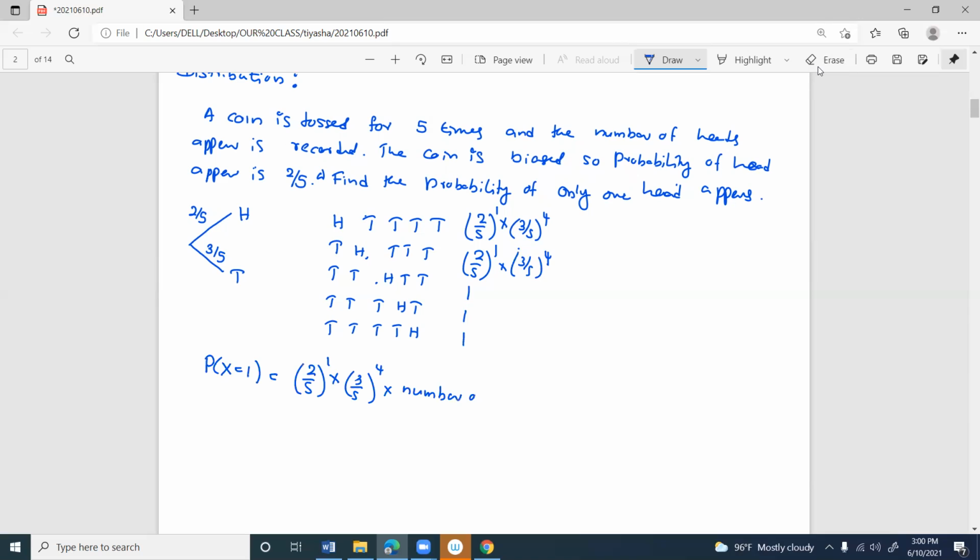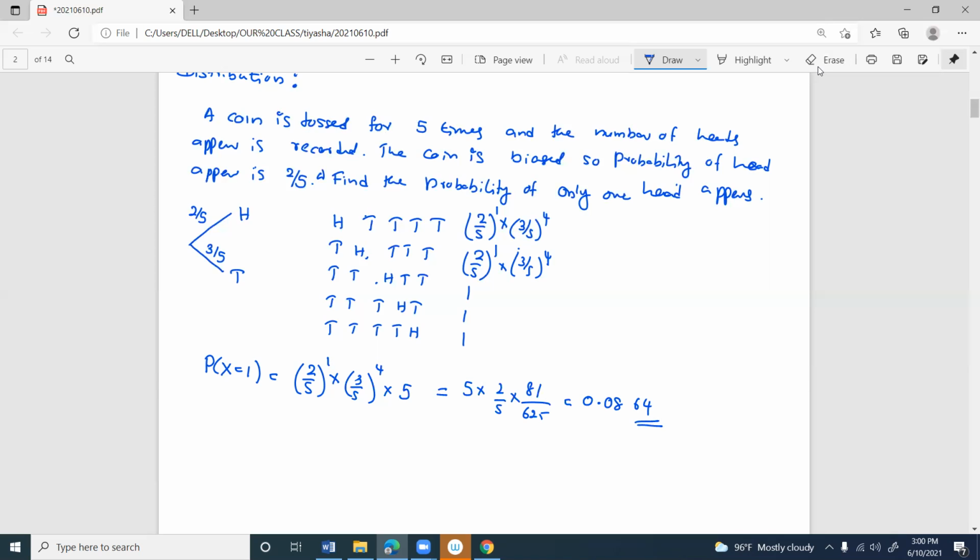You multiply by 5C1, which is 5. So you get 5 times 2/5 times 81/625, which is 0.2592. We can get this answer very easily, right?